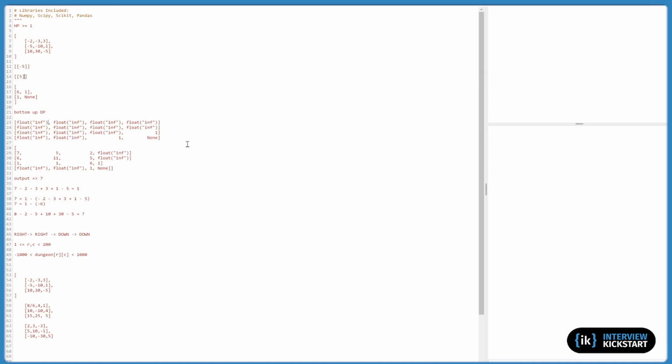So what if our value was positive? What would we output here? It would be 1. So now that you have your small cases considered, you don't need to worry about coming back to this problem again.